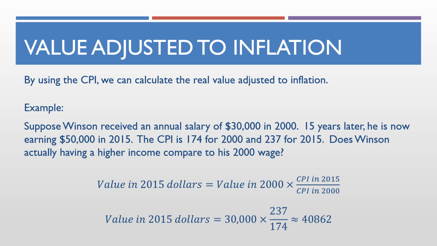So Winston can buy $50,000 worth of goods, versus if he uses the 2000 wages and brings them forward to 2015, he can only afford to buy $40,862 worth of goods and services. To make a direct comparison here, obviously Winston is making more money in 2015 in terms of price-adjusted real wages.